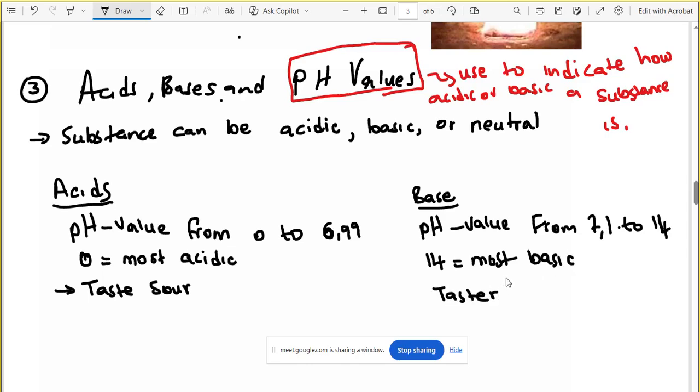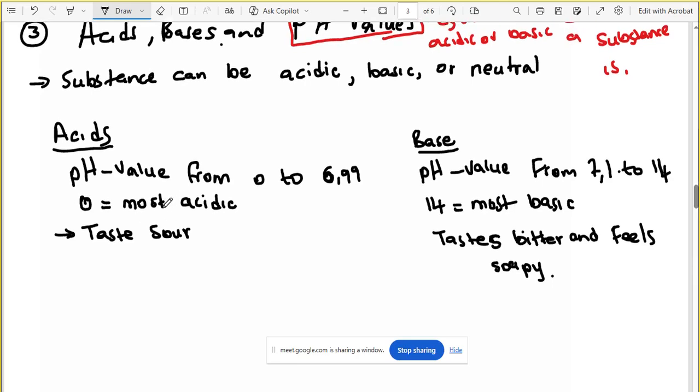Are you following? Yes. And then it feels soapy. Okay, and that's it for the difference between acids and bases.